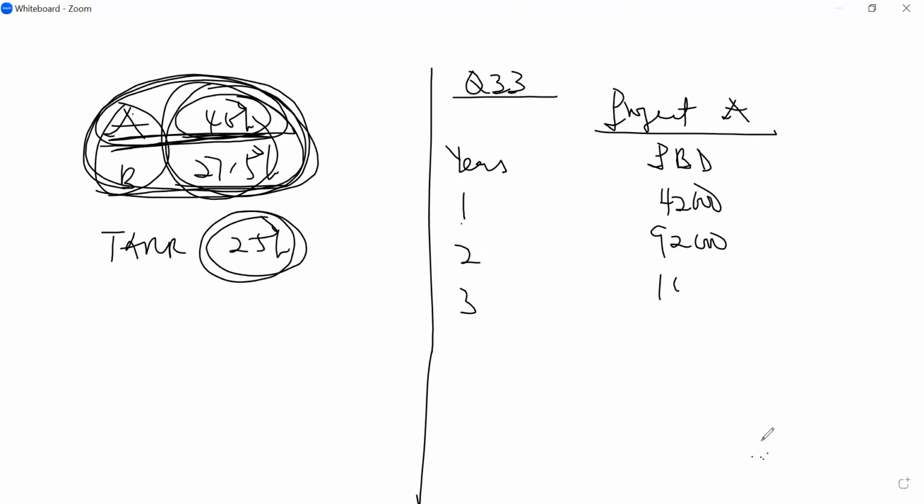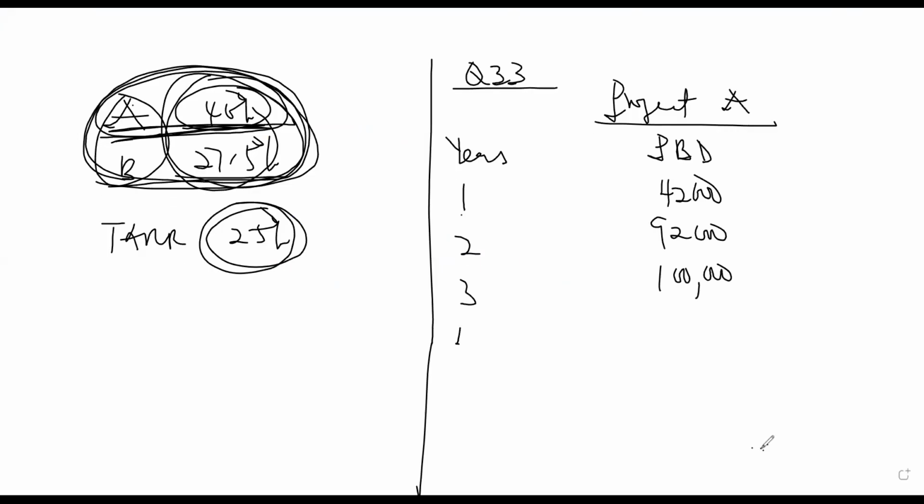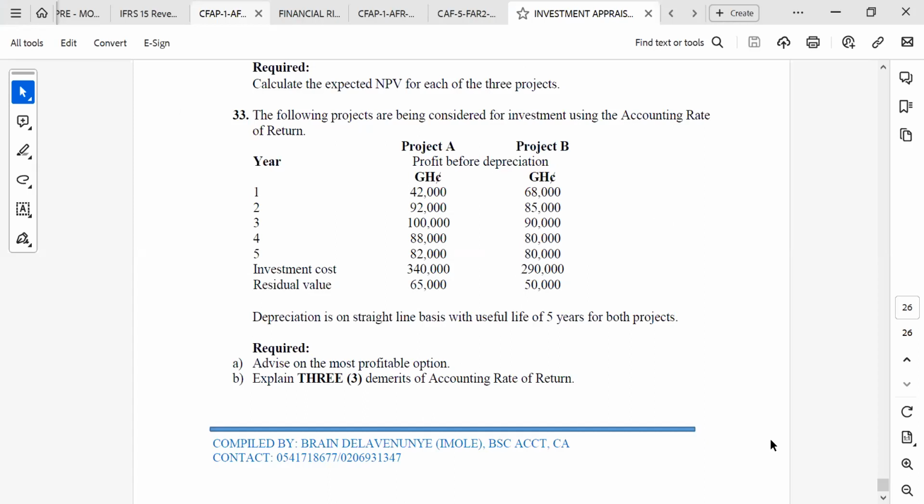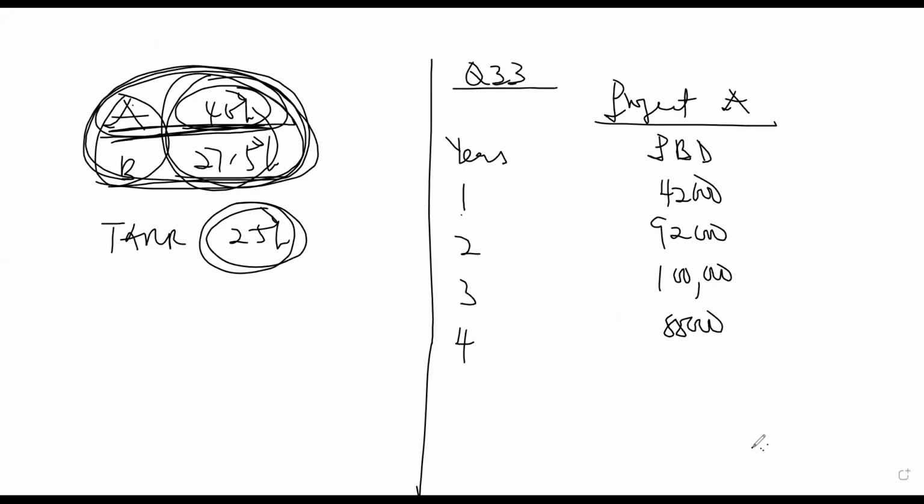Can someone mention those figures for us fast? 88,000 and 82,000 final. What will be the total profit? And what should have been the depreciation?